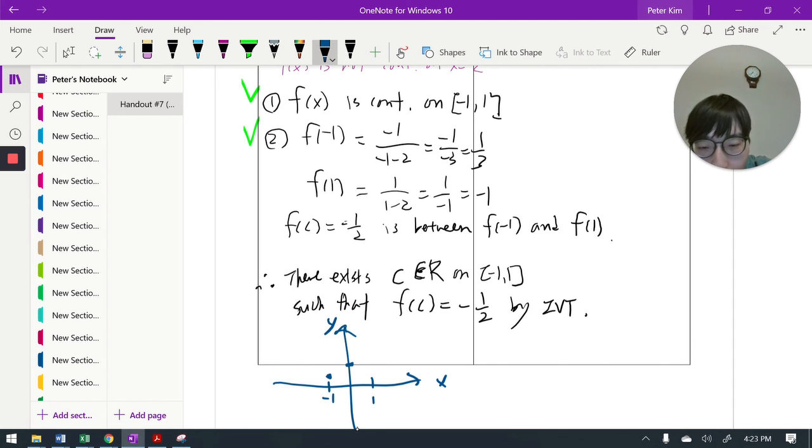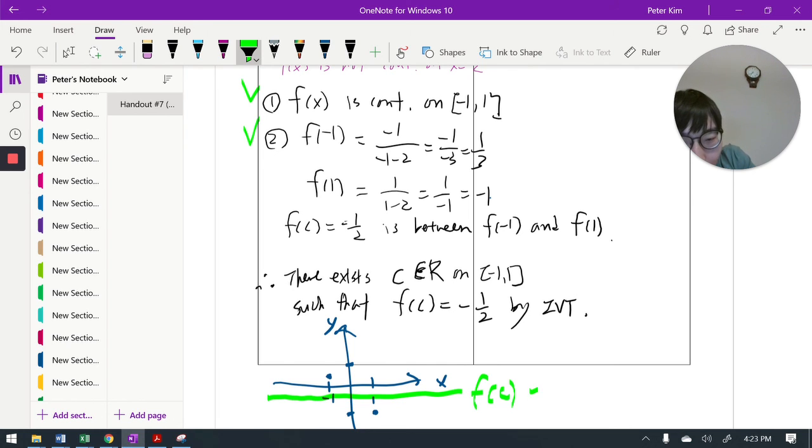And when x is 1, it was -1 over here. And we were talking about -1/2, which is between these two y values.